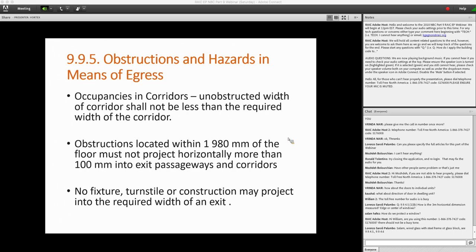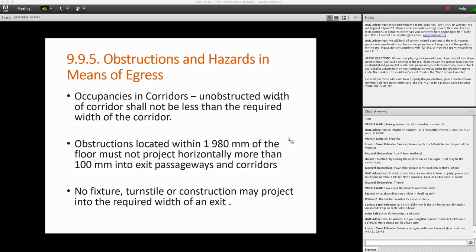So if you have a corridor or an occupancy in a corridor, the occupancy in the corridor is required to not reduce the required width of the corridor to less than required. And if you remember, we discussed that typically corridors are required to be not less than 1100 millimeters wide.